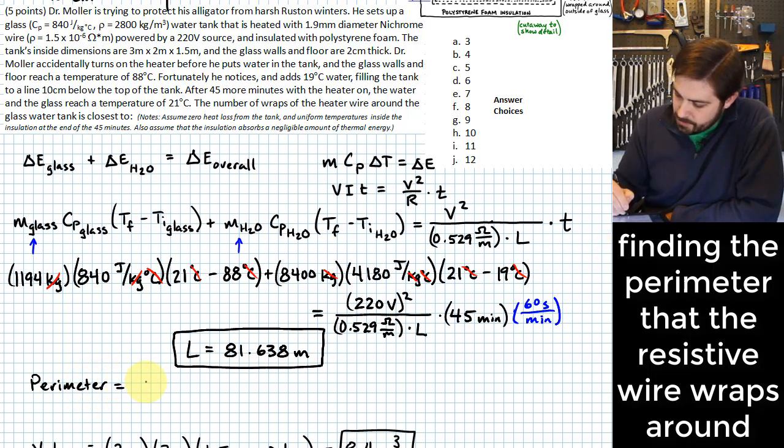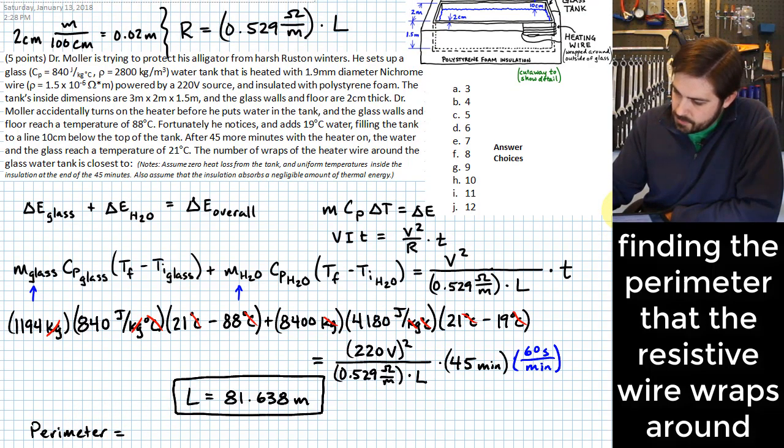The perimeter is going to be 2 meters plus 2 times the wall thickness. Okay, and I need 2 of those.